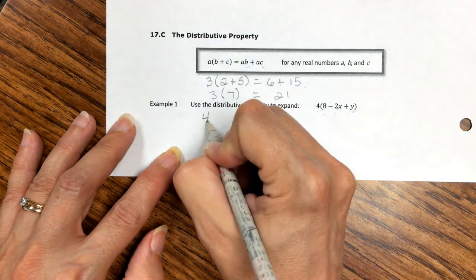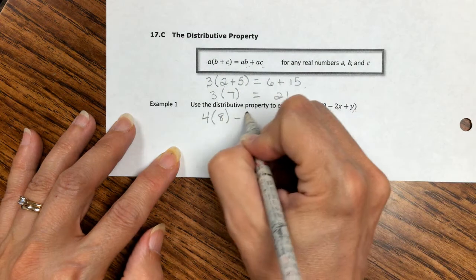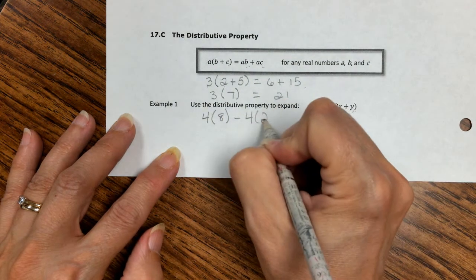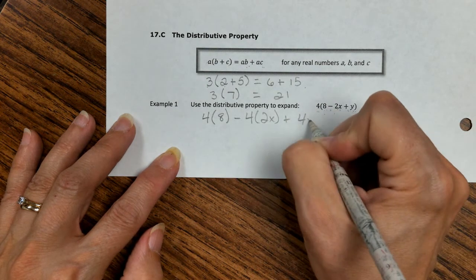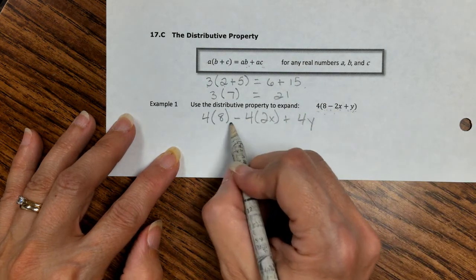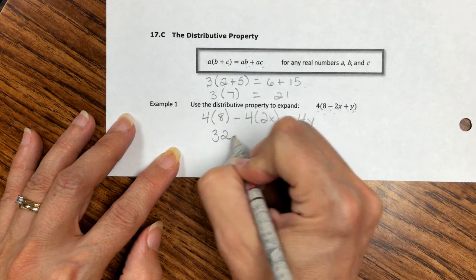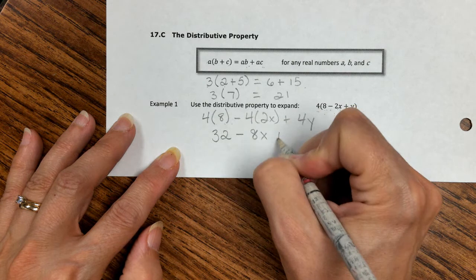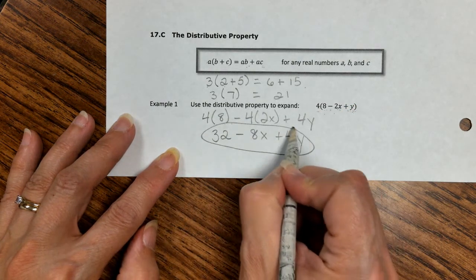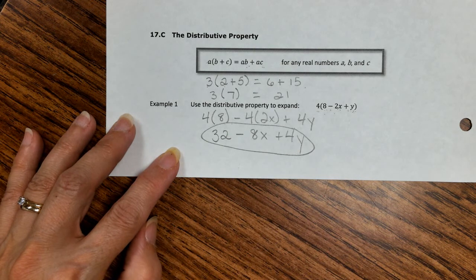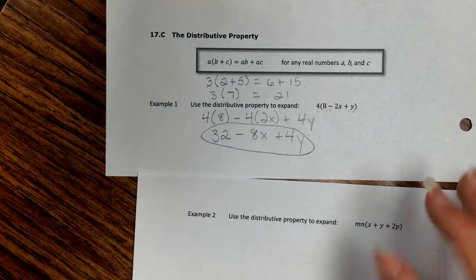So what we're doing is 4 times 8 minus 4 times 2x plus 4 times y. When you have a couple of numbers to be multiplied, you need to do that. So here we have 32 minus 8x plus 4y, and that is all we can do with that. Okay, that's it for example 1. We've got some more though.